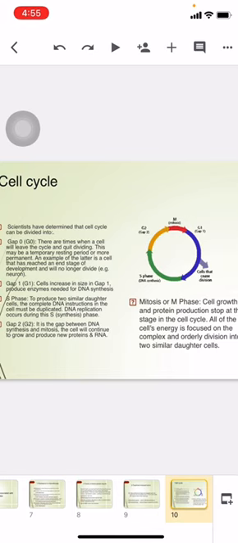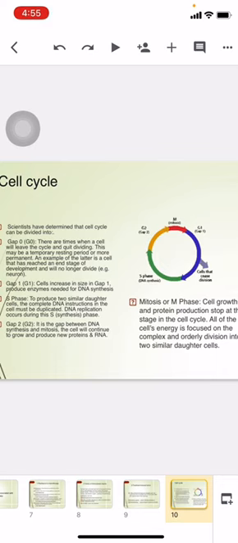Scientists divide the cell cycle into the G0 phase, which is the quiescence phase, then the cell transitions to the G1 phase, in which the cell starts to increase in size and starts to form the enzymes needed for DNA synthesis.